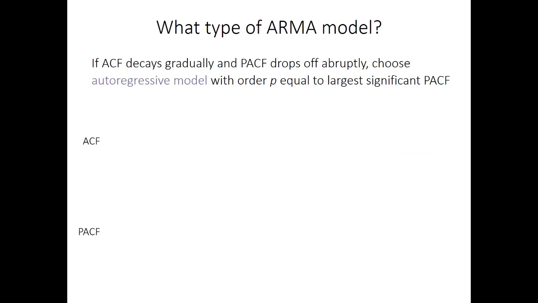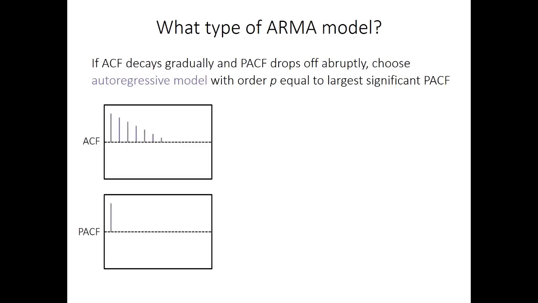In general, if the autocorrelation function decays gradually and the partial autocorrelation function drops off abruptly, you choose an autoregressive model with an order P, whether first order, second order or higher, equal to the largest significant partial autocorrelation lag.